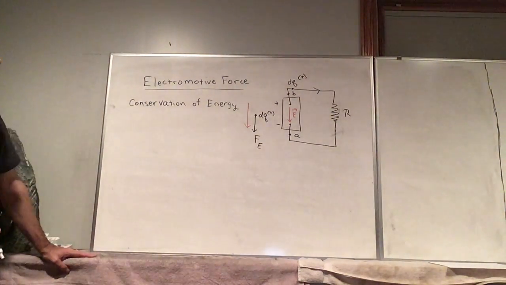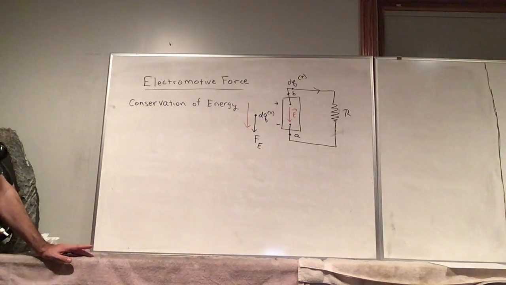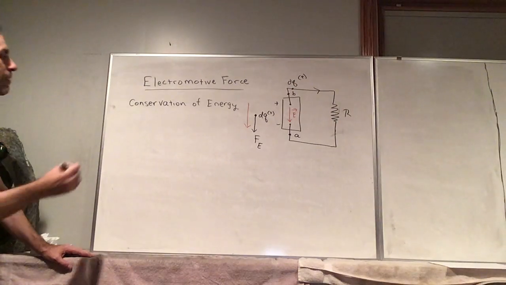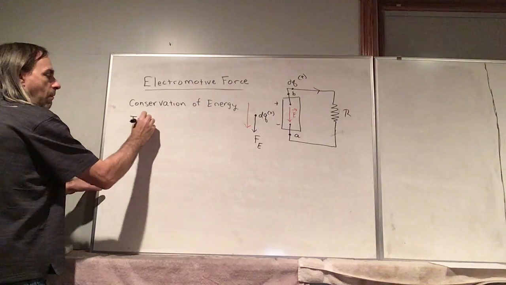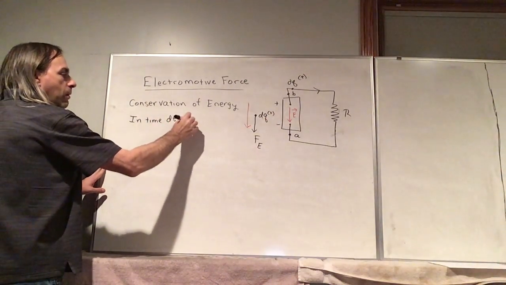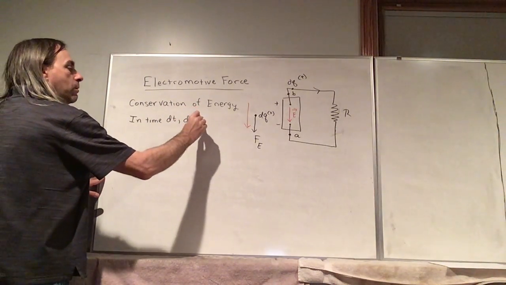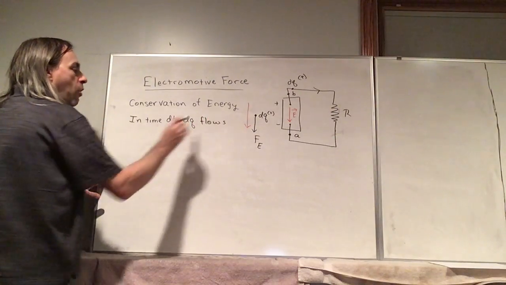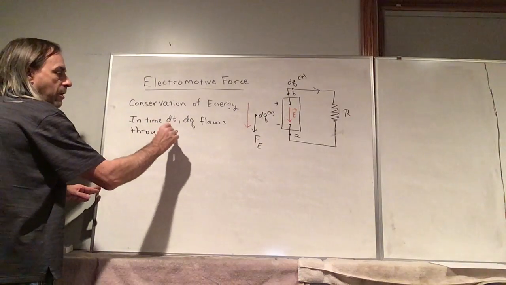So let's look at just what's happening. We go through the battery. The energy supplied by the battery has to equal what is dissipated by the resistor. So let's say in a time dt, an amount of charge dq flows through any part of the circuit.